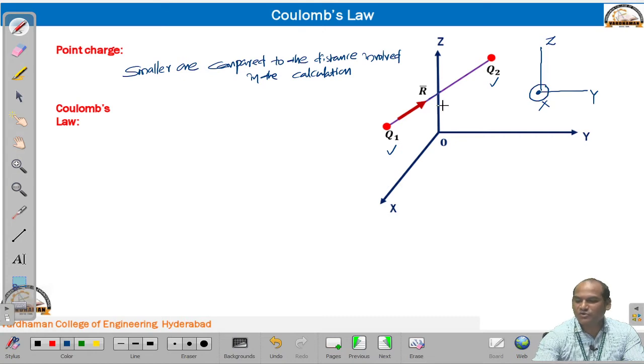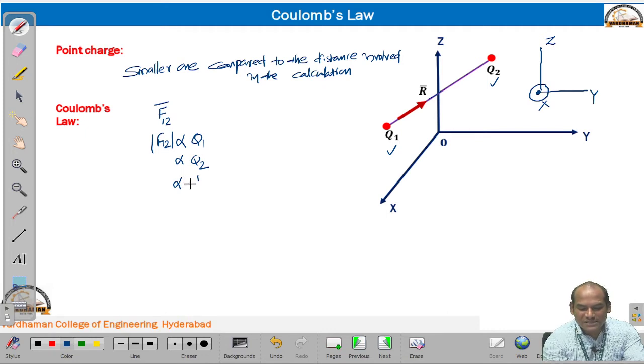So, now the force experienced by charge q2 due to charge q1 is represented with F12 bar, and the magnitude of that force is proportional to the individual charges. That means it is proportional to charge q1 and also proportional to charge q2, and it is inversely proportional to the square of the distance between those two, that is magnitude of r12 square.